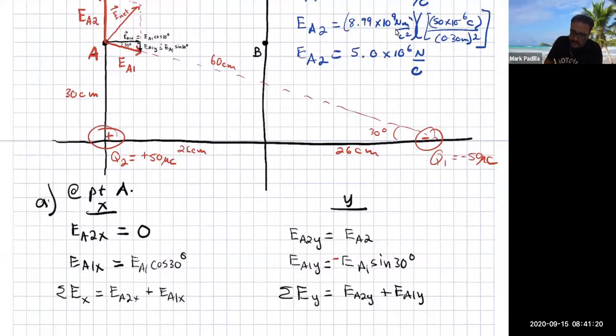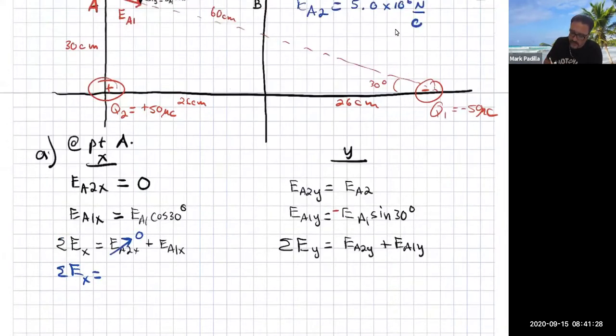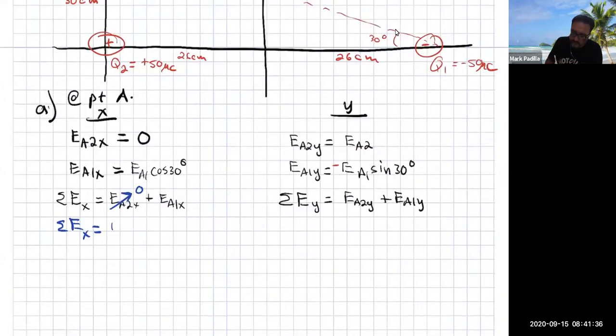So the sum of EX would be EA2X, which is 0, plus EA1, and EA1 is 1.25 times 10 to the 6 newtons per coulomb times cosine of 30 degrees. Somebody give me a number for that.